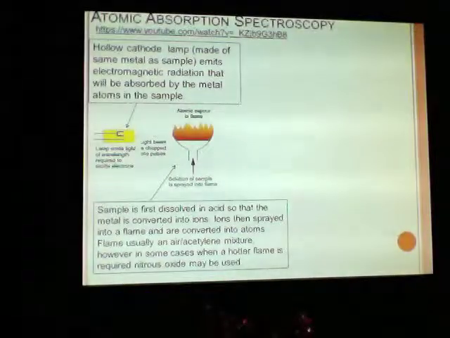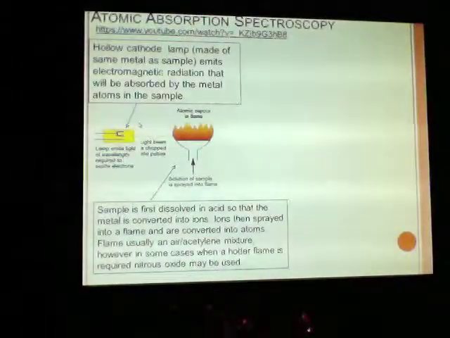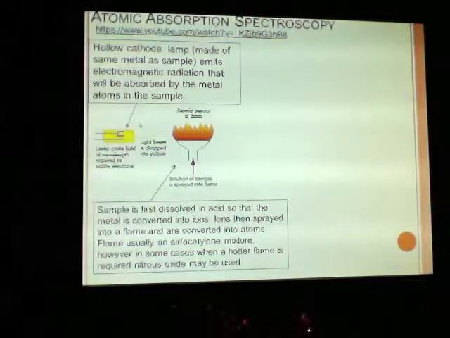Now, in AAS, or atomic absorption spectroscopy, we are releasing light to our sample. Our sample will then absorb some of the light that's released, and we want to see how much it's absorbed and at what wavelength.